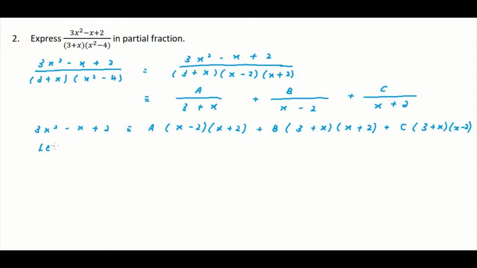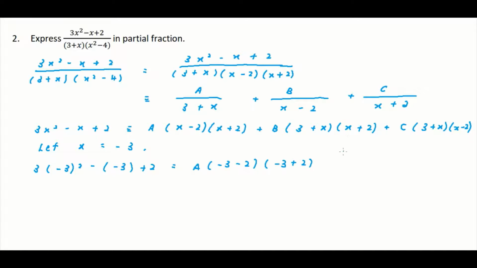Let x equal negative 3. Then I substitute negative 3 into 3x squared minus x plus 2, and it will equal a times negative 3 minus 2 times negative 3 plus 2.